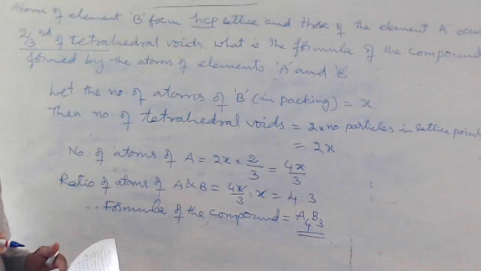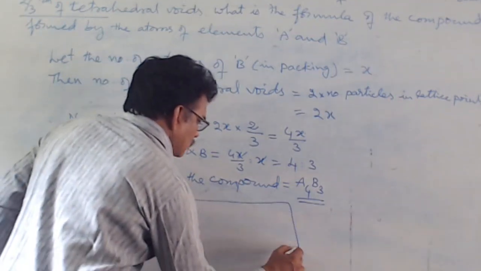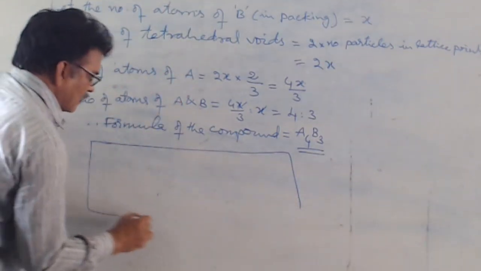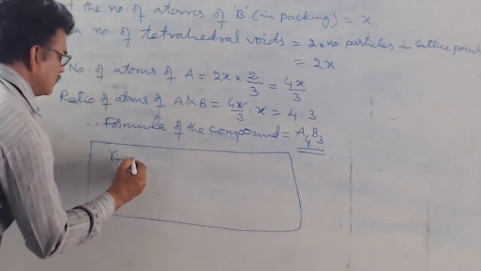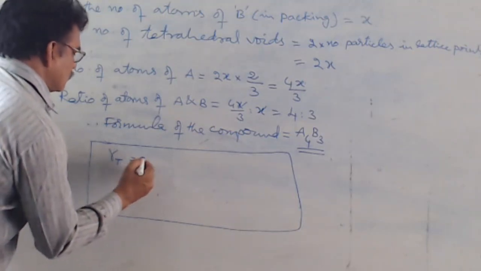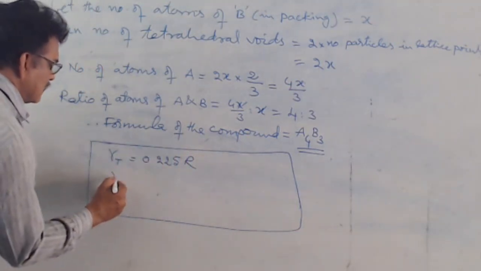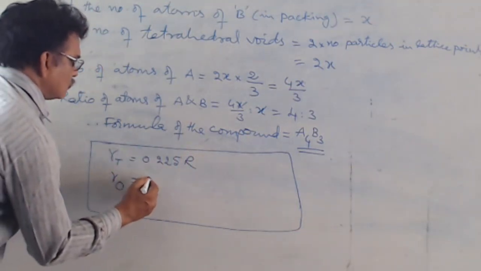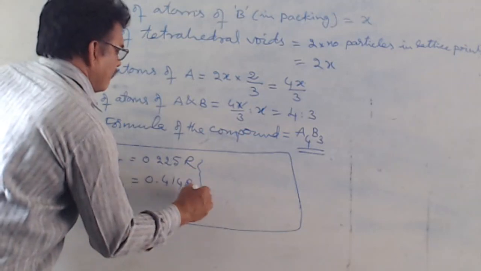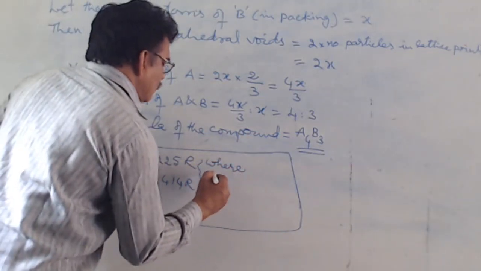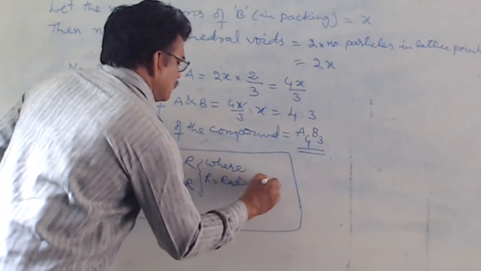And the radius of tetrahedral void, another formula which is useful in JEE or NEET. Radius of tetrahedral void is equal to 0.225 R, whereas radius of octahedral void is equal to 0.414 R, where capital R is equal to the radius of the particle.